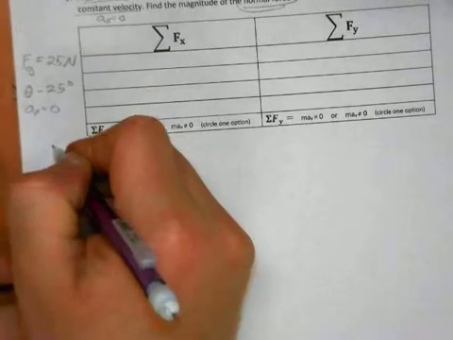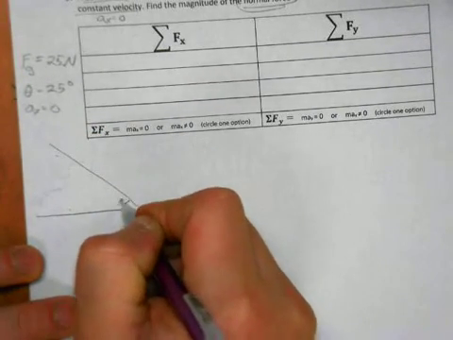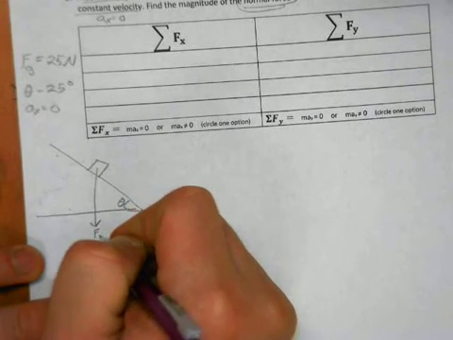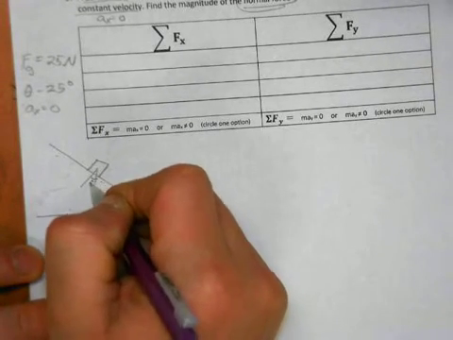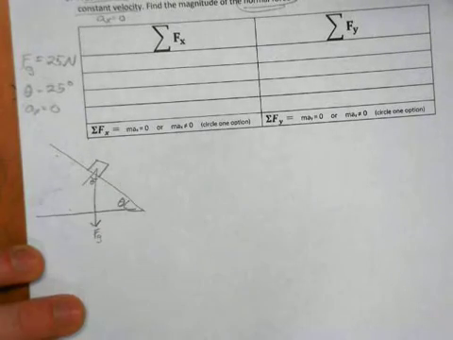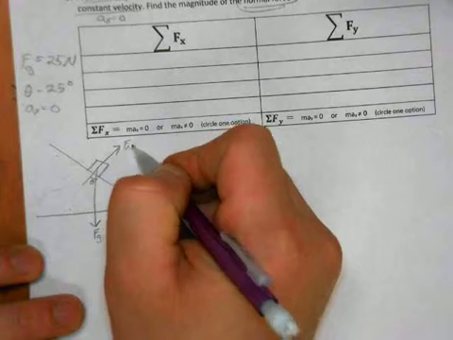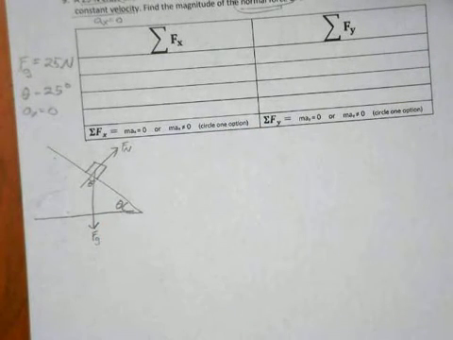We're on an inclined plane at angle theta. We have FG, and we have the normal force that is normal to the plane. Normal is math speak for perpendicular, so normal and perpendicular mean the same thing. And we have gravity, and that's all that's mentioned. We don't have friction.